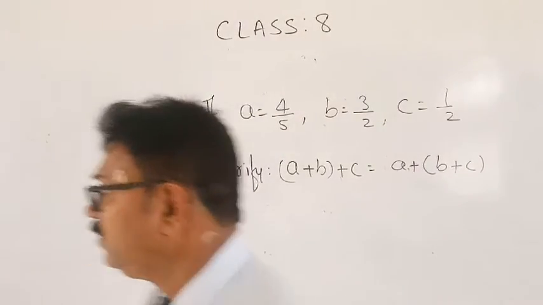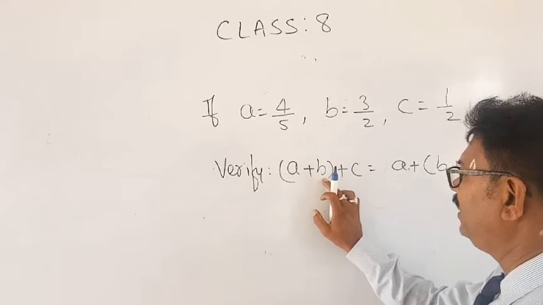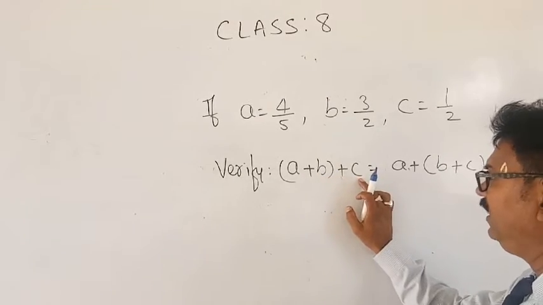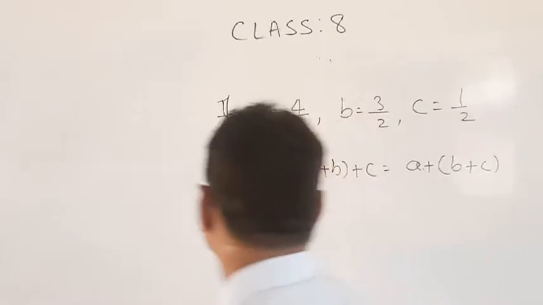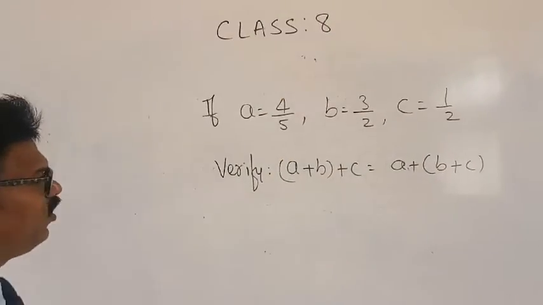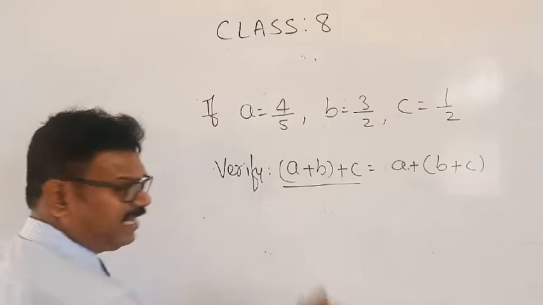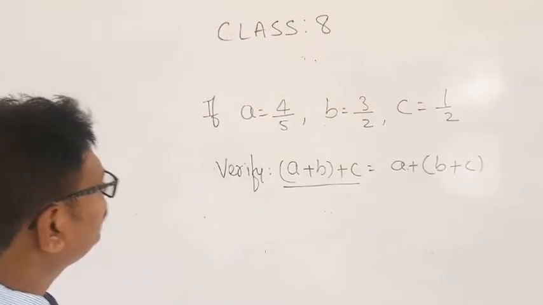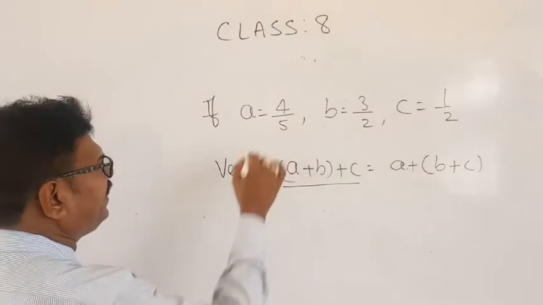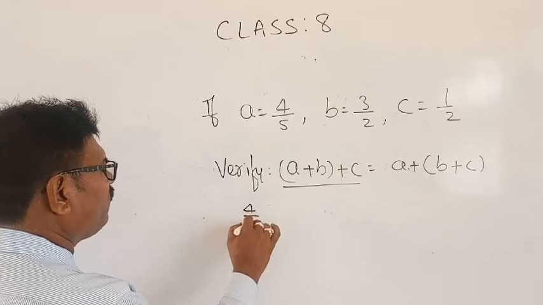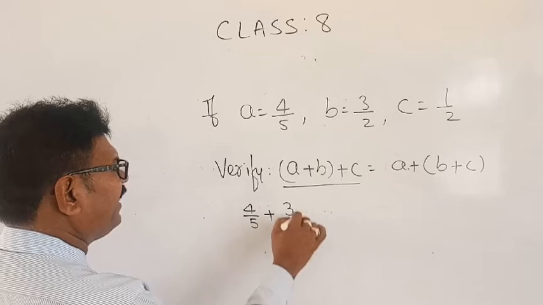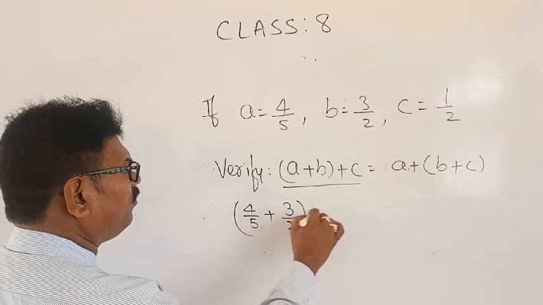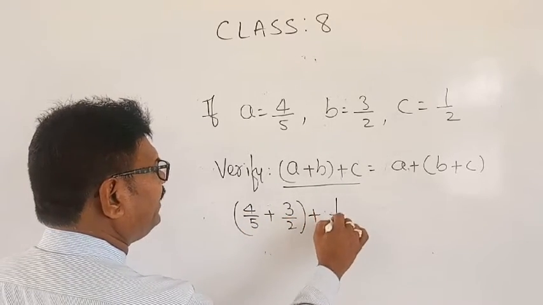Okay na? Very simple. Now take the left hand side always. LHS: A equals 4 by 5 plus B equals 3 by 2, plus 1 by 2.